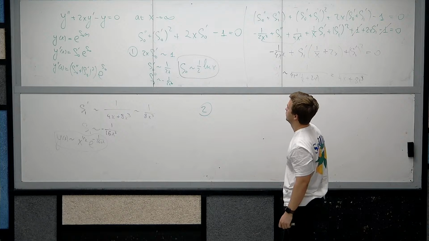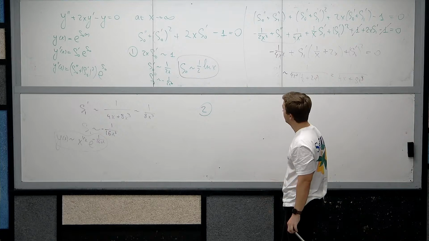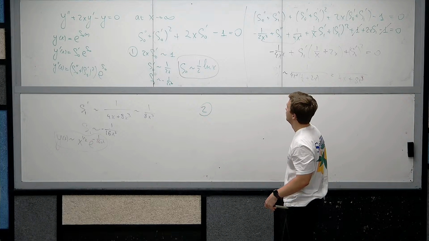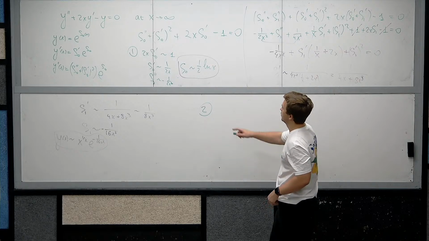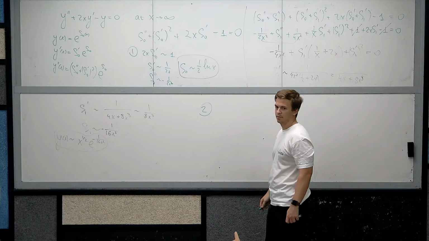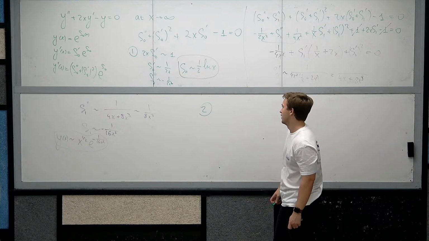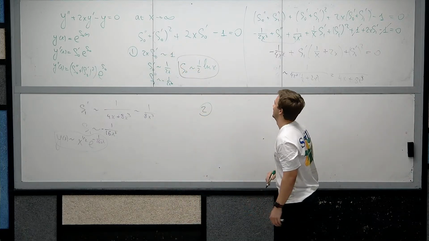What do you think the other good option can be? Let's see. Maybe second and third? Second derivative with the second term, or third term? I'm thinking about second and third. Yeah, the second derivative with derivative squared. Okay, let's try. I meant this and this, but it doesn't matter.